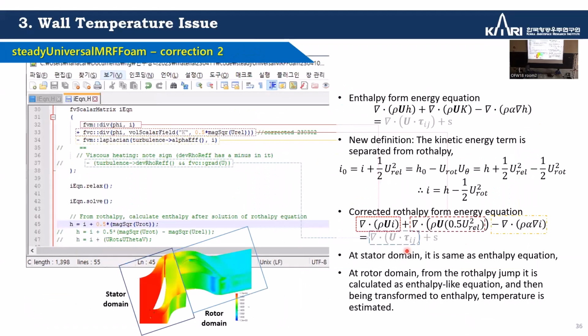So I thought of another way: I redefined the rothalpy.